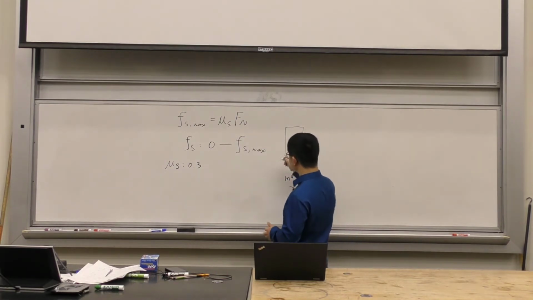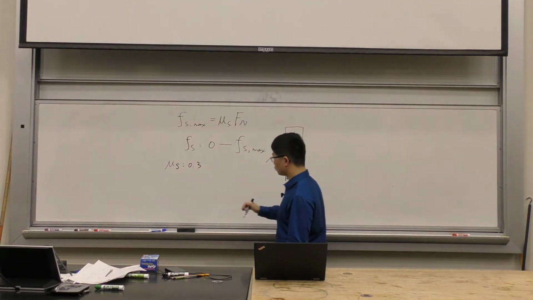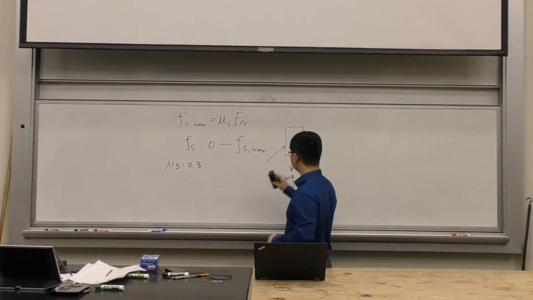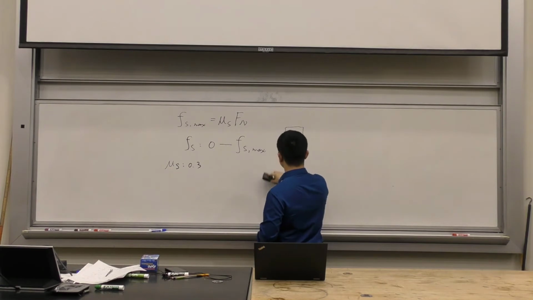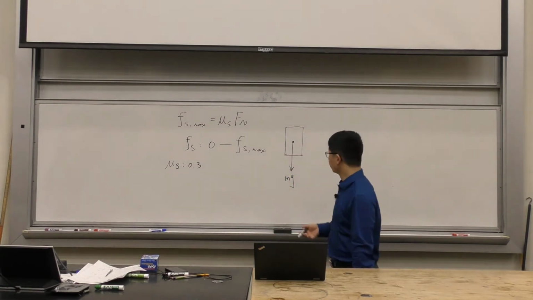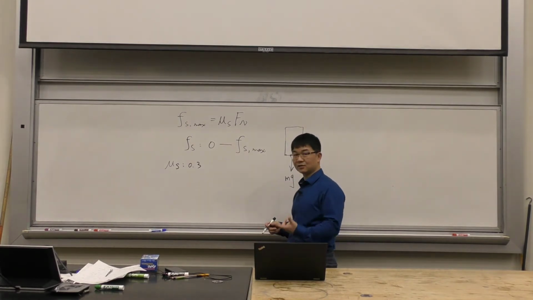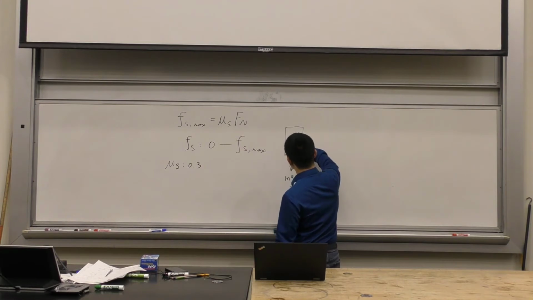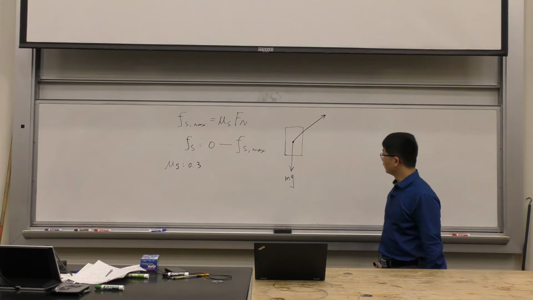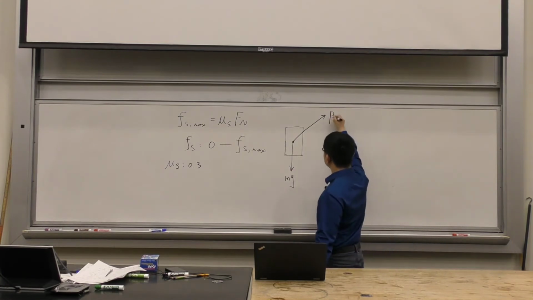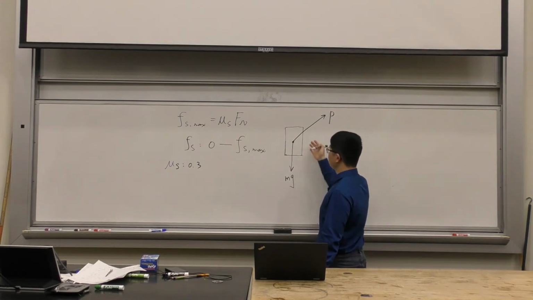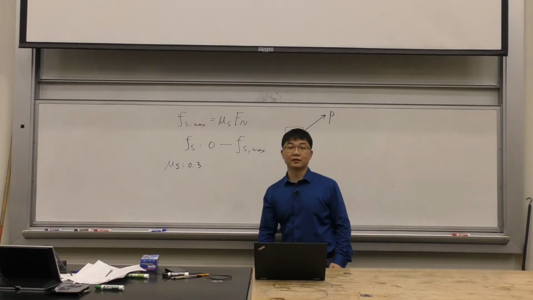Even though the problem shows that P is drawn this way, when I draw all these forces on this object, I'm going to consider it like a point mass. So I'm going to draw P starting from the center, and that's the force P. Of course, if these are the only two forces on it, it's not going to stay there, right?